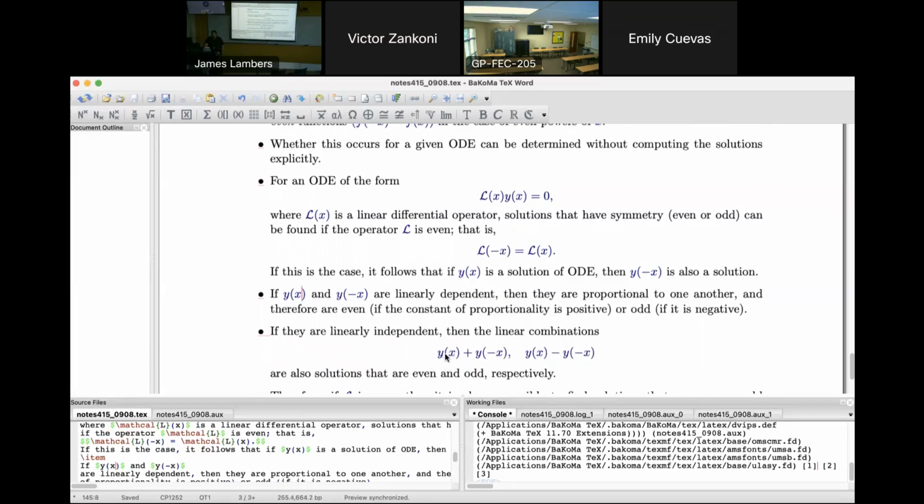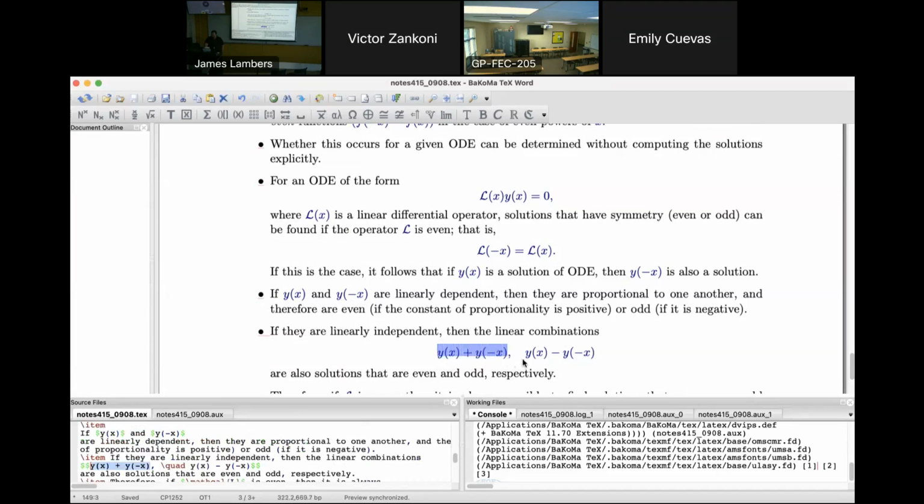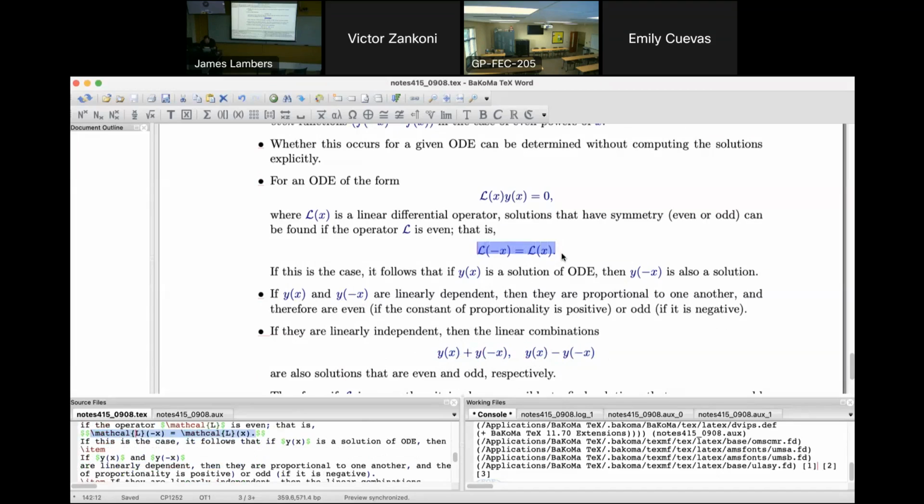Instead, you can take these linear combinations. If y itself is neither even nor odd, this combination, y of x plus y of minus x, is guaranteed to be an even function. This is guaranteed to be an odd function. So if this property is satisfied, then that tells you that you can always get two solutions that are even or odd.